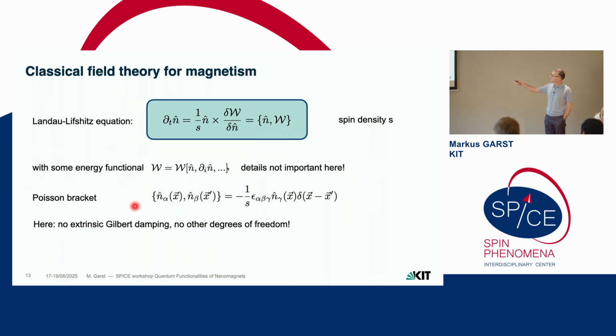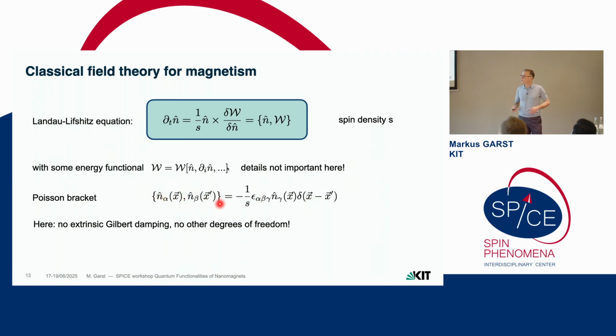This equation of motion can also be phrased in terms of a Poisson bracket. This is the Poisson bracket where two magnetization vectors at different positions are given by this expression. It is essentially a generalization that mimics the commutator of spins on the quantum level.